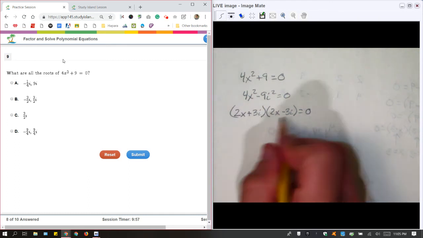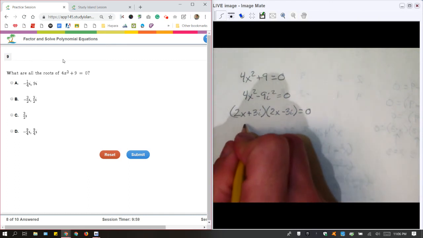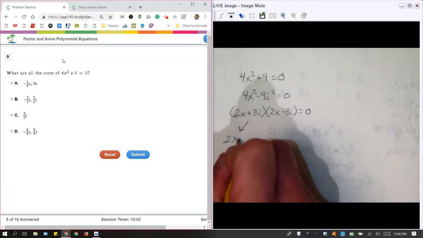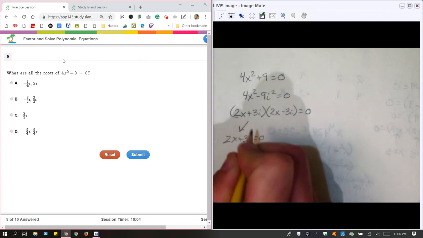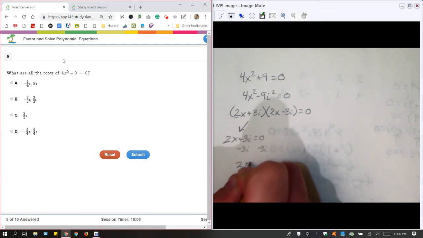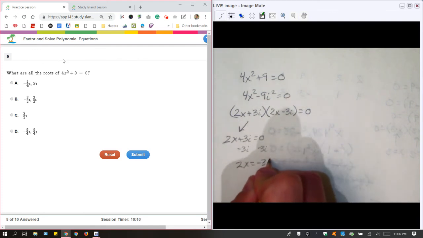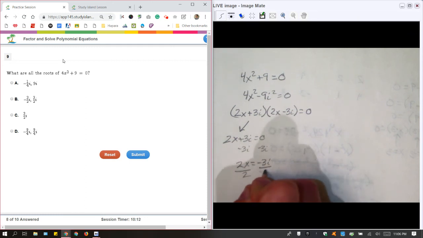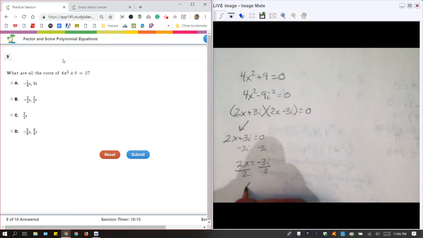And now I just have to figure out what makes each one of these worth 0. So first I'll try 2x plus 3i equals 0. Subtract 3i from both sides, and I get 2x equals negative 3i. Divide by 2 on both sides, and I get x equals negative 3/2 times i.